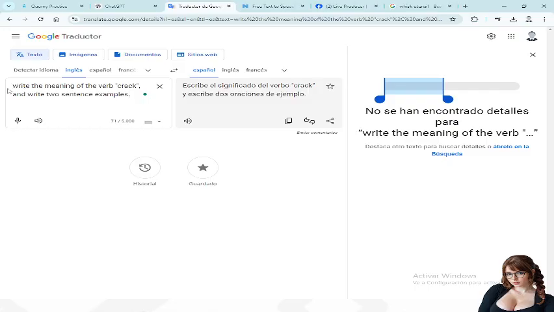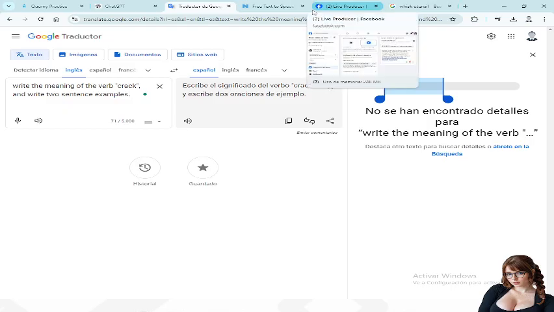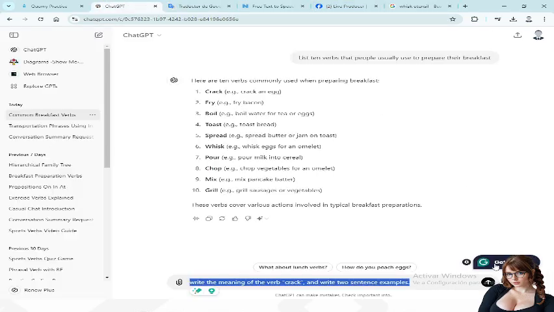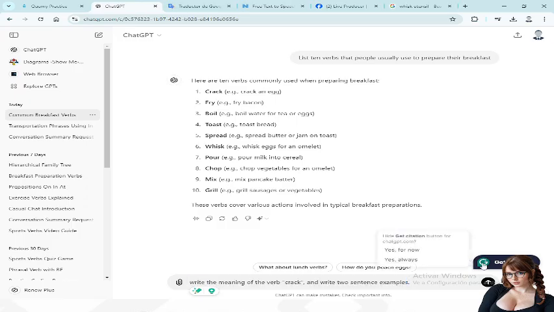For example, write the meaning of the verb crack and write two sentence examples. For example, Grammarly, this grammar plugin, and when we write an incorrect phrase, the plugin automatically corrects the sentence or suggests how to fix it.